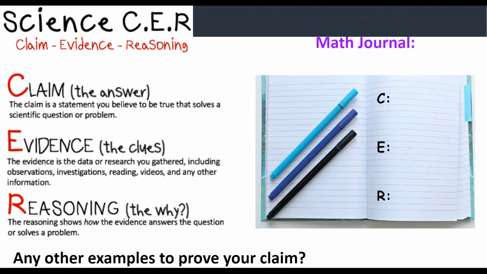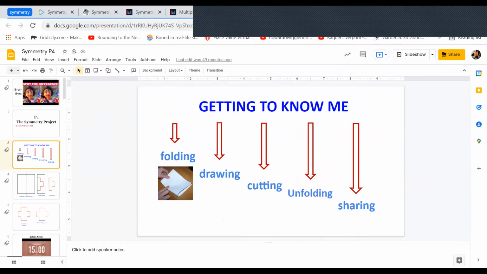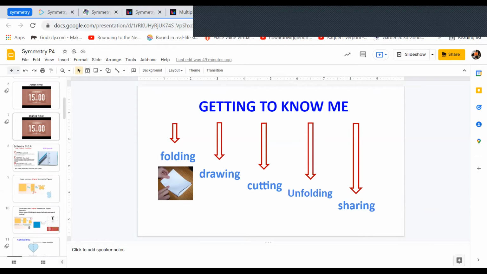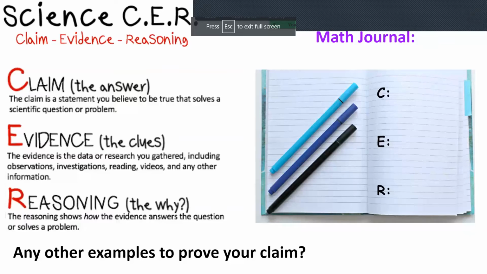So if you see my slides here, we still have a few steps. So we have the folding, drawing, cutting, unfolding, and then now we are at the sharing part. Quite fast, aren't we? So I would like us to go to a fresh page in our book, and then let's take a look at some discussion points, okay?